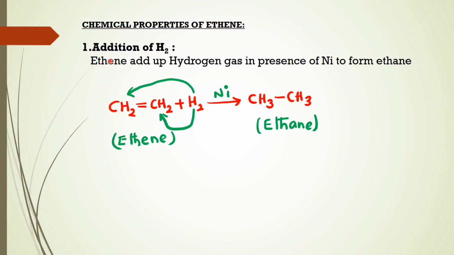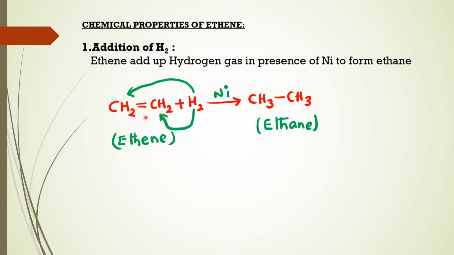Next, chemical properties of ethene. Number one, addition of hydrogen. Ethene adds hydrogen gas in presence of nickel to form ethane. Here ethene, CH2 double bond CH2; one reactant must be ethene.